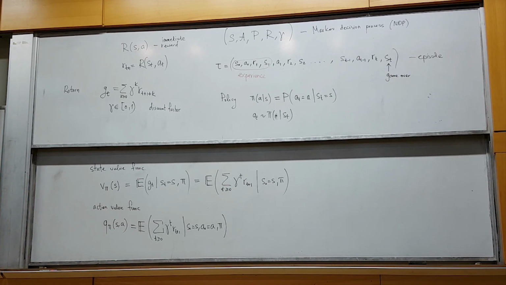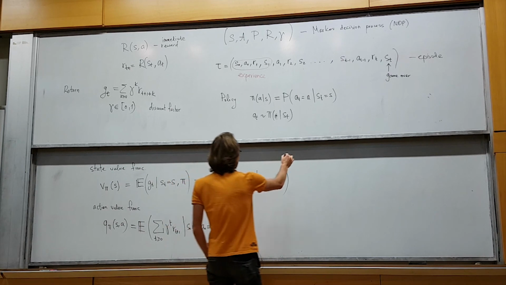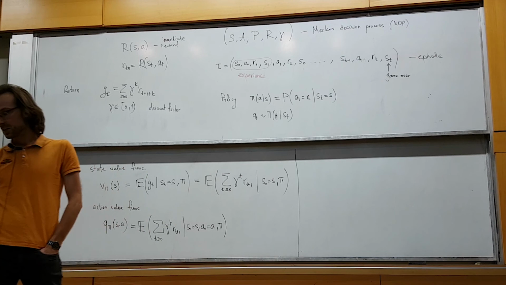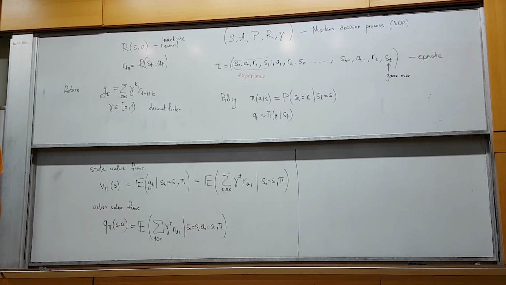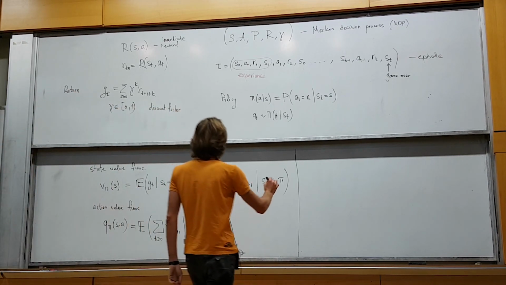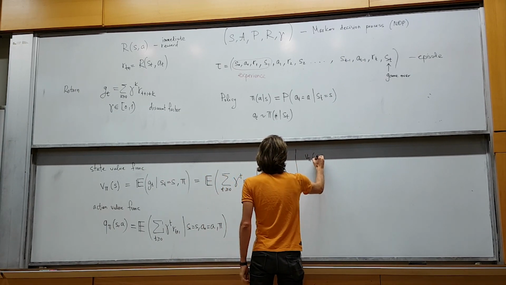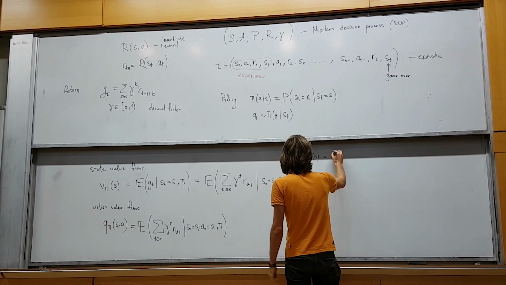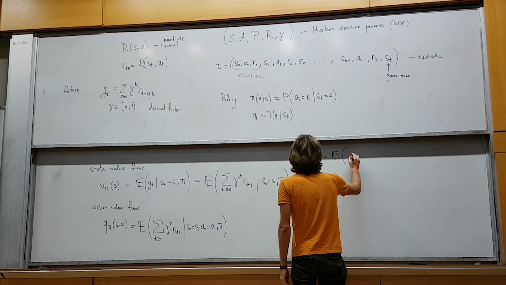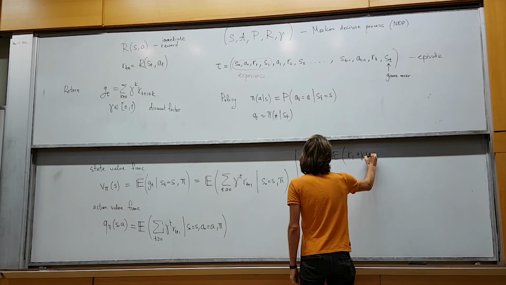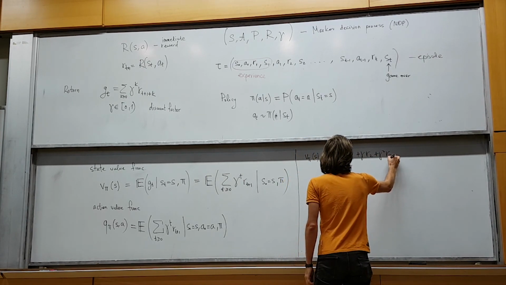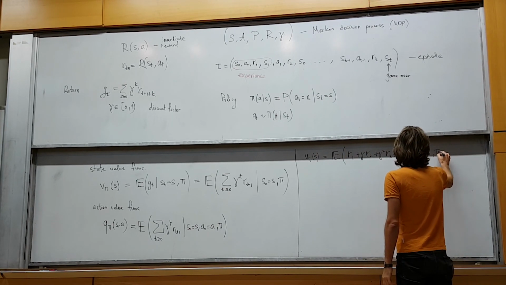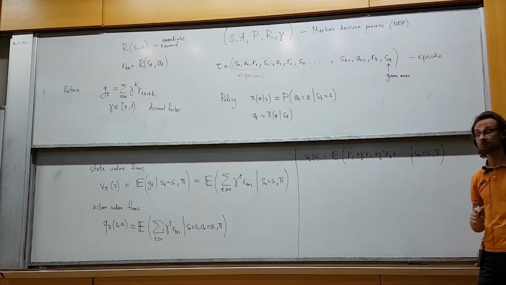Okay? So let's do some algebra on these value functions and see what we get. So let's start with the state value function. The state value function V^pi(s). Let me write this explicitly. It will be the expected value of R1 plus gamma R2 plus gamma squared R3 and so on, given S_0 equals S and pi.